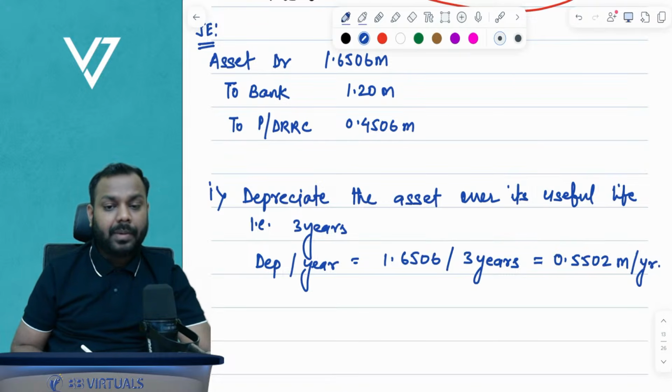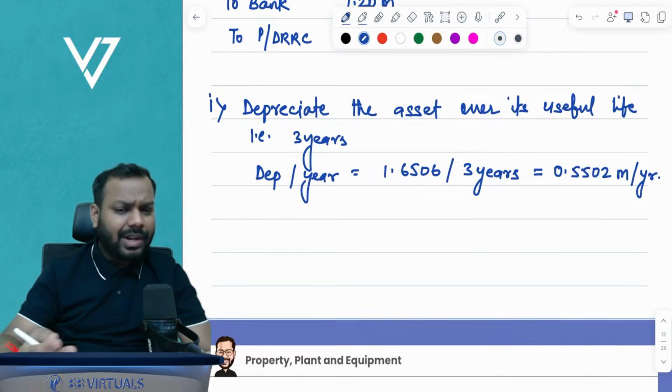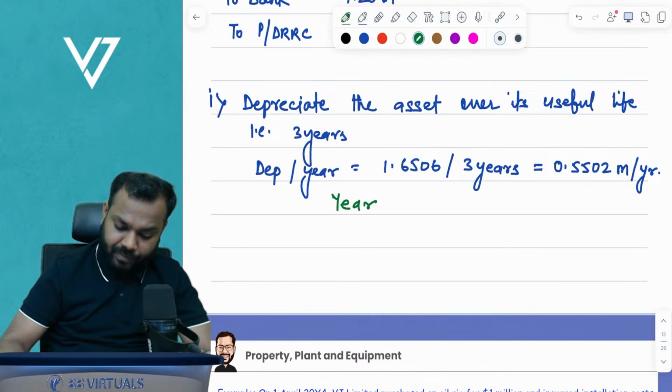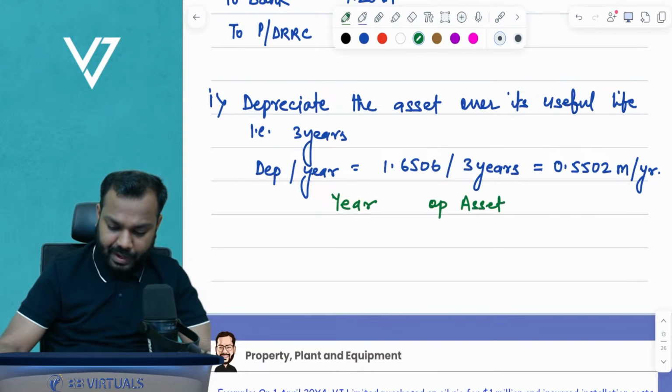Now how will the depreciation schedule look like? It would look like this. Just a minute. Year, opening asset, depreciation, closing asset.